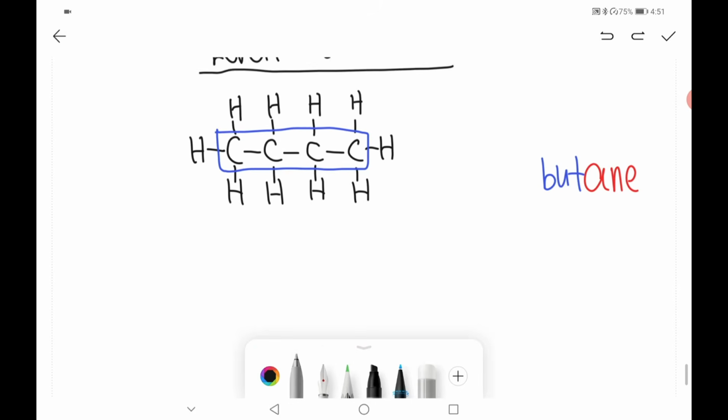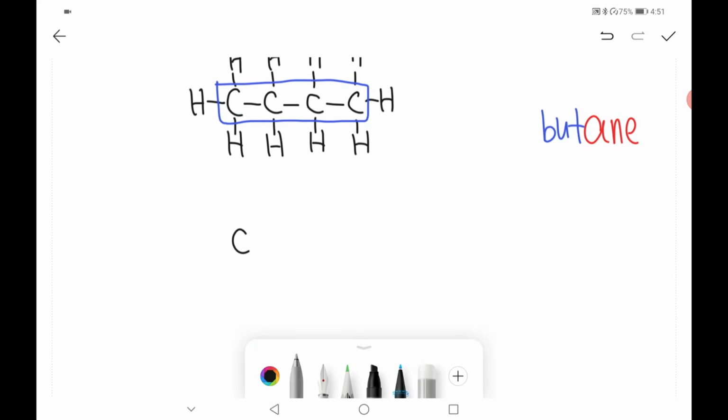All right, let's try one more example. What if we have something like this?